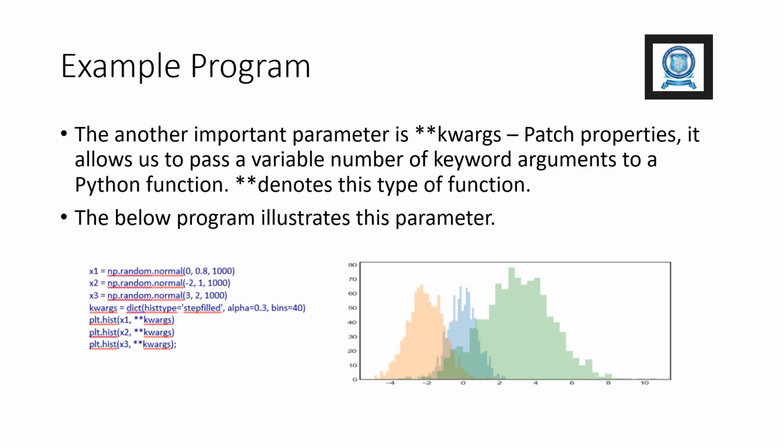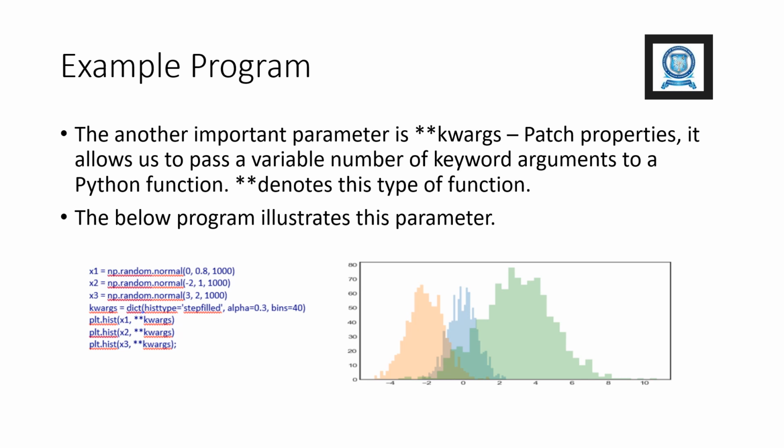Another important parameter is **kwargs, star star kwargs. kwargs stands for keyword arguments. Patch properties. It allows us to pass a variable number of keyword arguments to a Python function. Star star denotes this type of function. The below program illustrates this parameter.